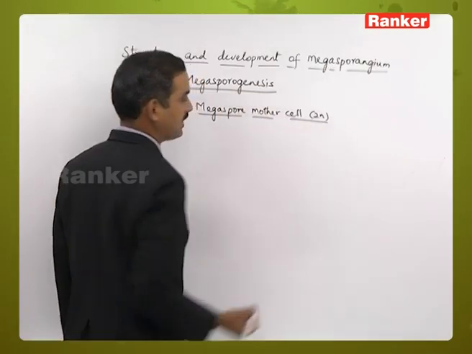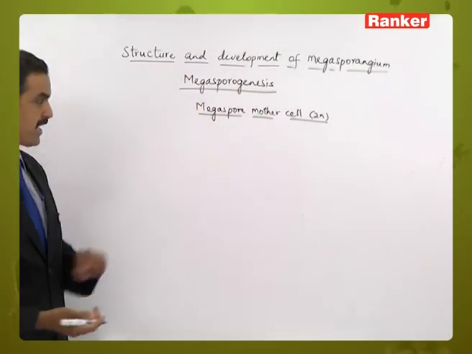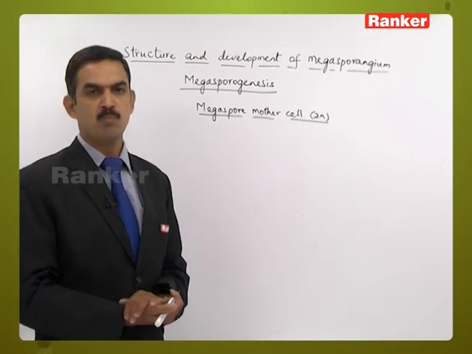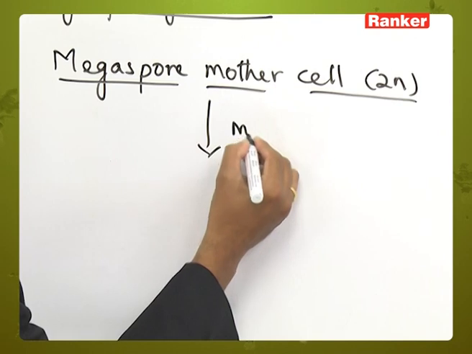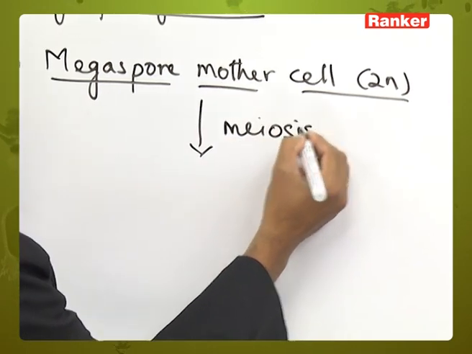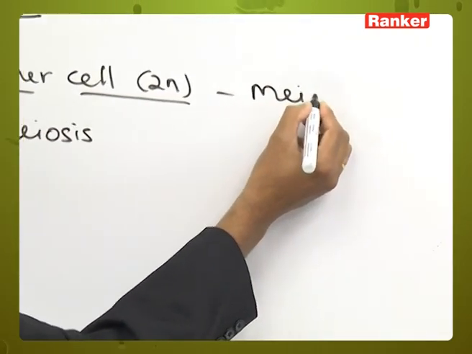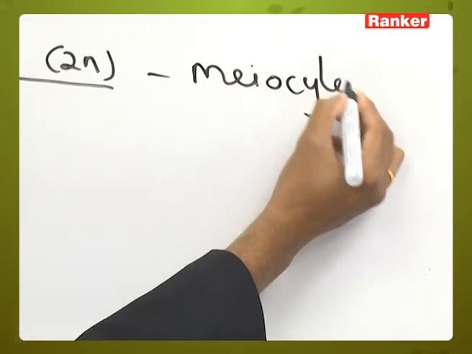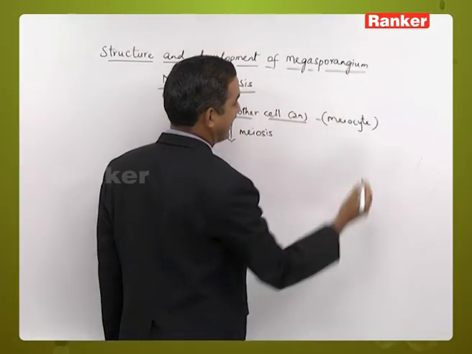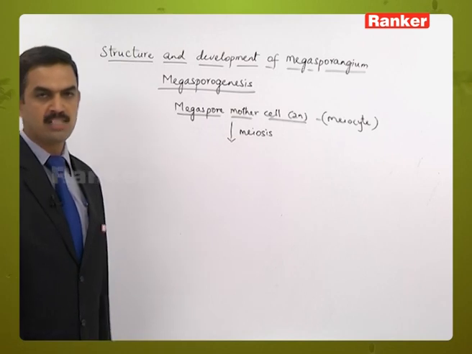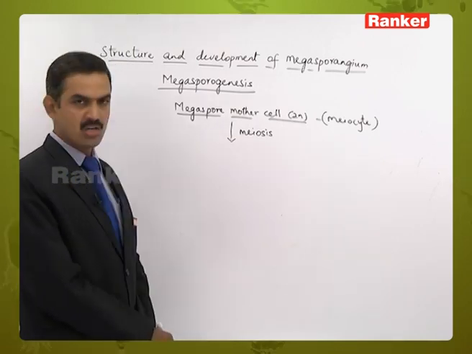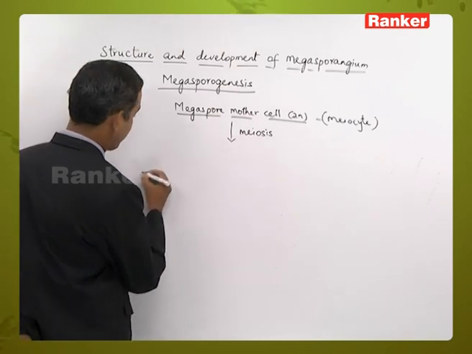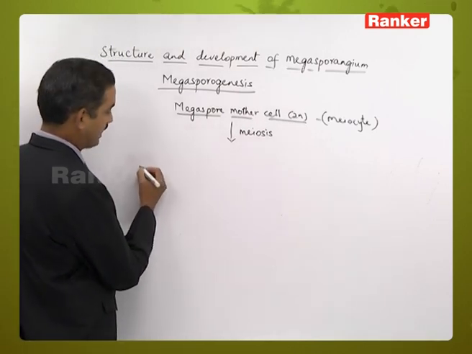The megaspore mother cell is diploid, and it will undergo meiosis. As it is undergoing meiosis, we consider this a meiocyte. As we discussed earlier, any cell which is undergoing meiosis is called a meiocyte, and when this megaspore mother cell undergoes meiosis, it will be converted into 4 cells.